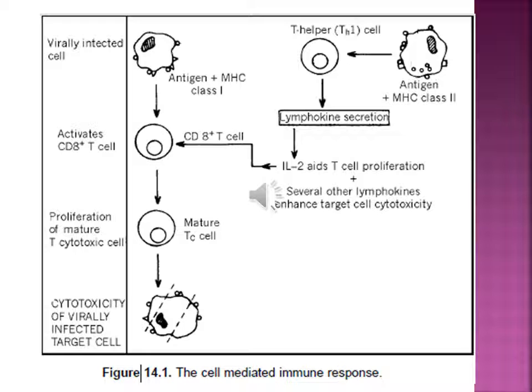Here, the activation of CD8 T cells: antigen-presenting cells present antigen on MHC class II molecules to helper T cells that secrete lymphokines, including interleukin-2, which aids in T cell proliferation and activation of CD8 T cells to cytotoxic T cells.